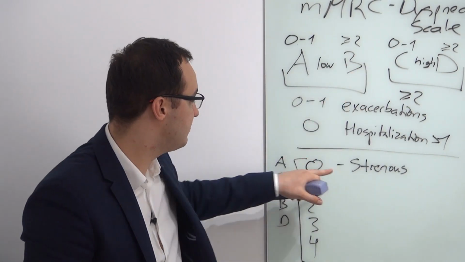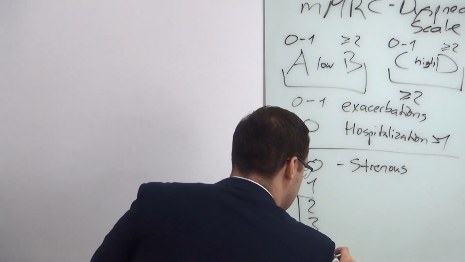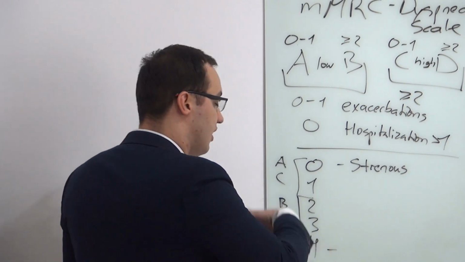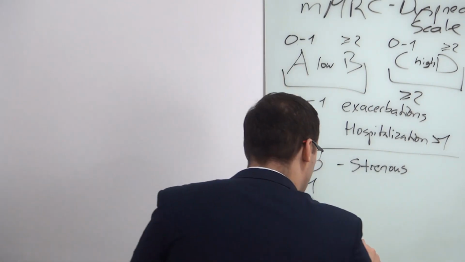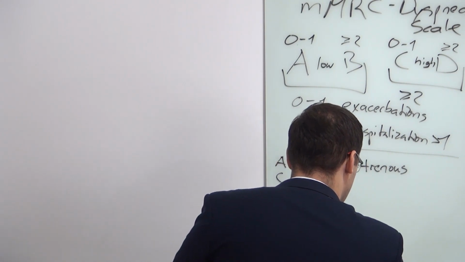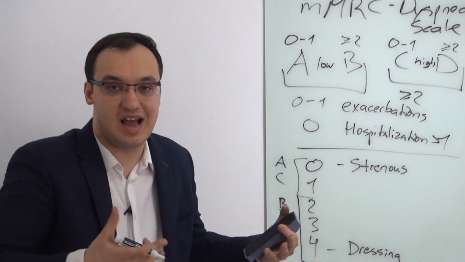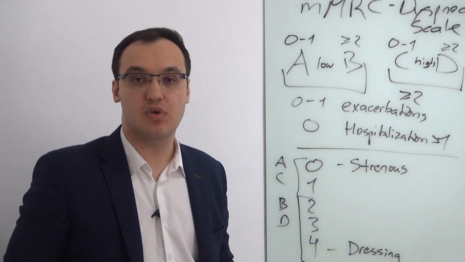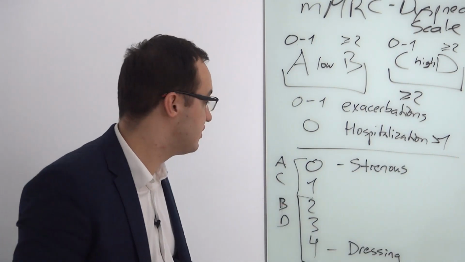So this is strenuous activity, 0, 1. The 4th one is only breathless by, for example, changing clothes. So dressing, I will just write dressing. This patient cannot even dress up without having difficulty breathing. This patient can do exercise, he can really run and do anything he wants.